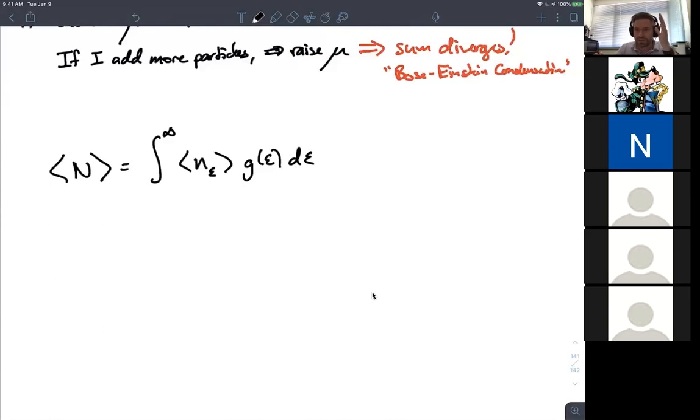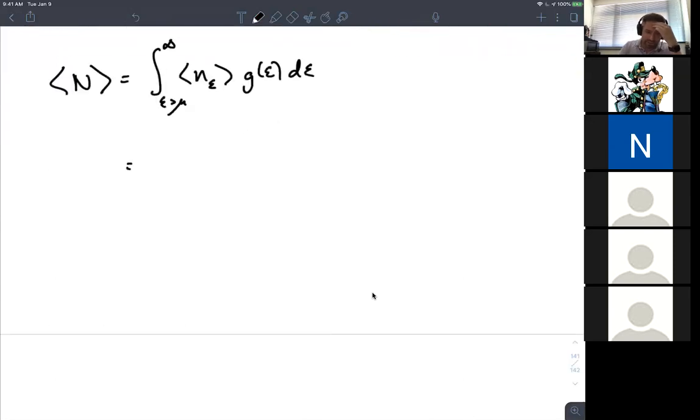In general, you're not talking about weird systems, and your lower limit here is going to be some energy that is greater than the chemical potential. Let me just substitute in the Bose-Einstein distribution: 1 over e to the beta times epsilon minus mu, minus 1, dE, going from epsilon greater than mu to infinity.